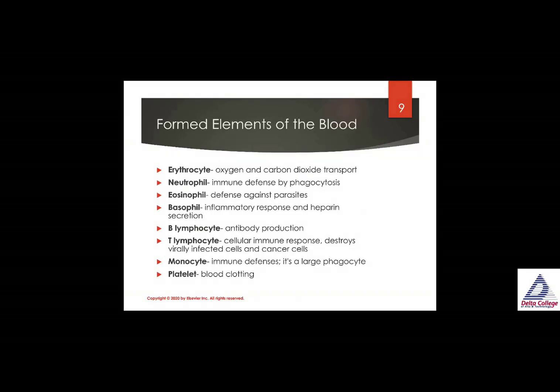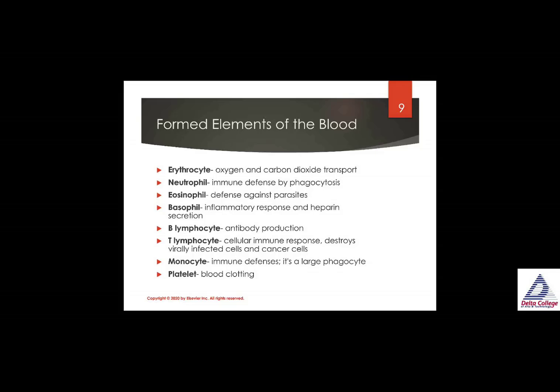So, formed elements in the blood. Erythrocytes, or red blood cells, are oxygen and carbon dioxide transporters. Neutrophils provide immune defense by phagocytosis. Phagocytosis is cell eating. Eosinophils defend against parasites.